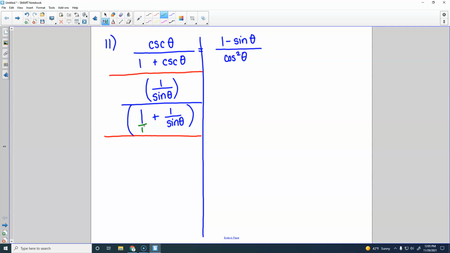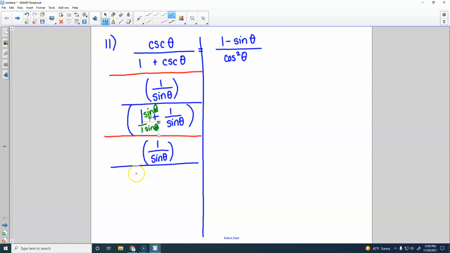So what were you saying? No, you can't do that. So what you're going to do is multiply the 1 over 1 by sine theta on top and bottom. Keep the numerator the same, 1 over sine theta. Even though you're only doing work on the denominator right now, don't get rid of it.